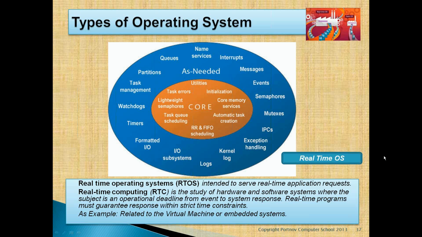So just remember and understand the major principles of the types of operating systems. We have real-time OS, where real-time programs must guarantee response within a strict time constraint. An easy example to remember where this is most useful is virtual machines or embedded systems, like Linux.